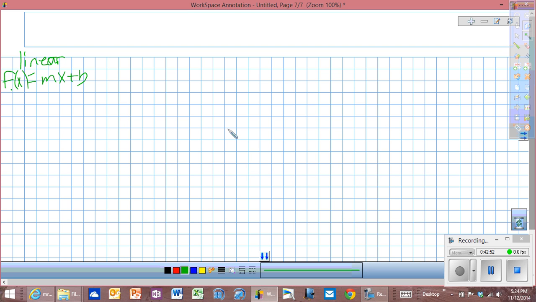For linear functions, it's some number times x plus or minus some b. That is going to have a domain of -infinity to infinity and a range of -infinity to infinity.